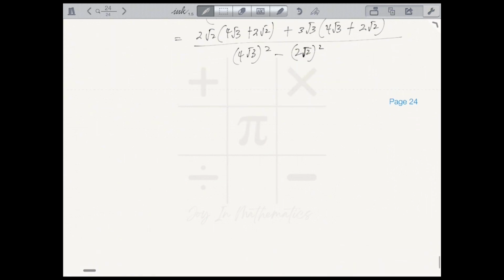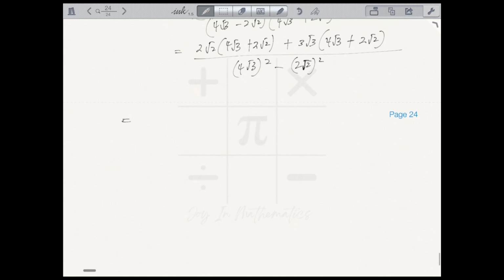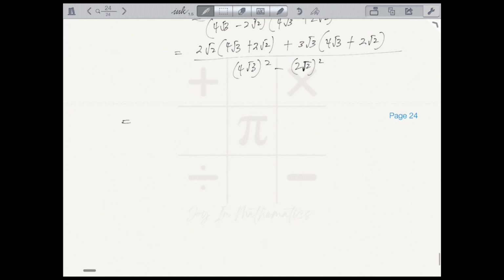Now simplifying further, let's simplify the numerator. We skip steps and push everything together so as not to make this video that long. So this will be 2 times 4 multiplied by root 2 times root 3. Remember, we're applying the law of surds. Plus 2 times 2 multiplied by root 2 times root 2.